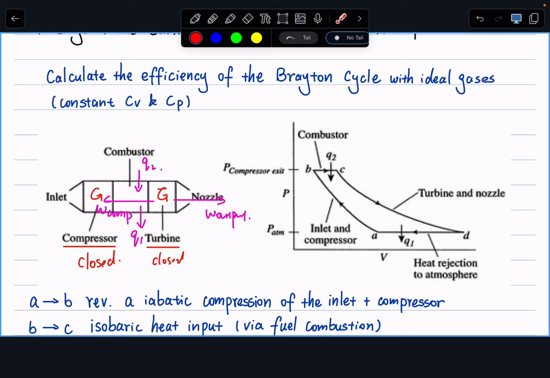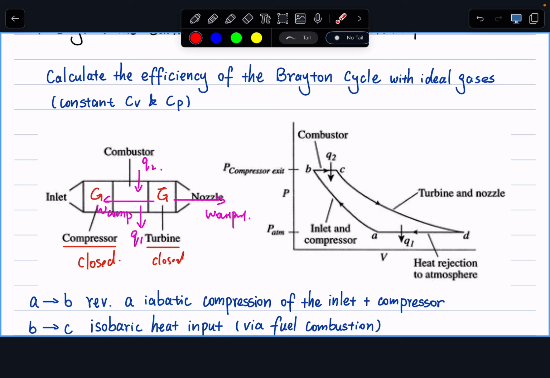Now, your Q1 and Q2 may or may not be positive or negative, but we're thinking about the process of heat flow into the system. And my work here, what we want is the work output. It's effectively the negative of the work in this equation, because we're talking about how much work is output by the system to the surrounding. And that gives us the final expression of Q1 plus Q2 minus work output equals 0.